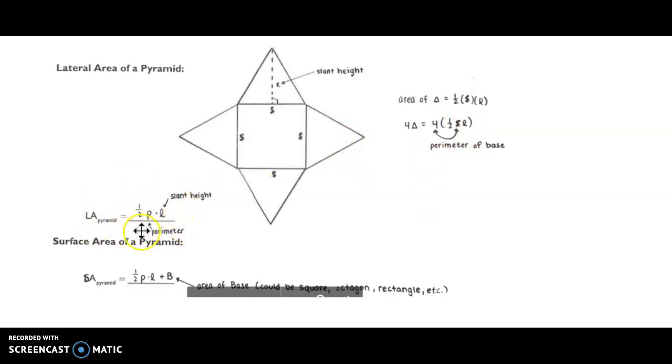And here, this is the formula we're going to use. The lateral area is actually 1/2 PL because where I'm highlighting, 4S represents the perimeter of that base, okay? So 1/2 PL, and then the surface area is 1/2 PL plus B. Remember, capital B represents the area of the base.